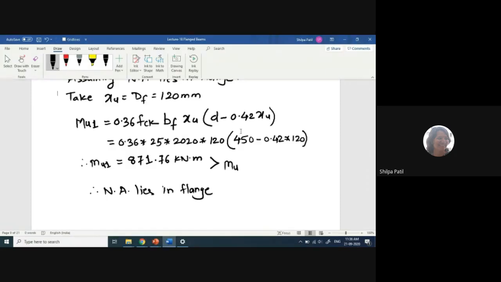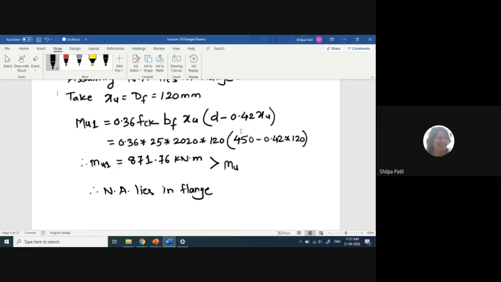Why do we go to a doubly reinforced section? Because practically many times there are restrictions to increase the depth of the beam. Suppose we cannot increase D beyond a certain limit, or cannot increase BF beyond a certain limit. In that case, we have to consider the second case and do the calculation.